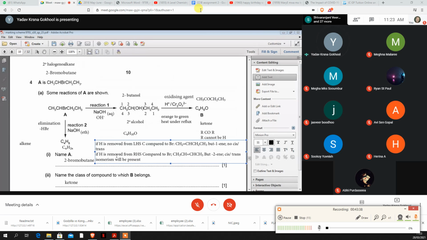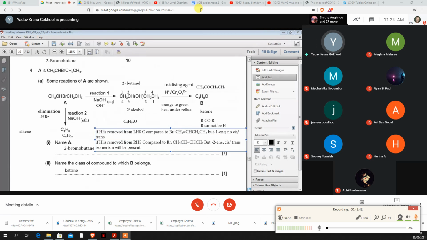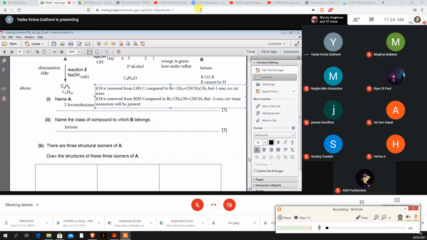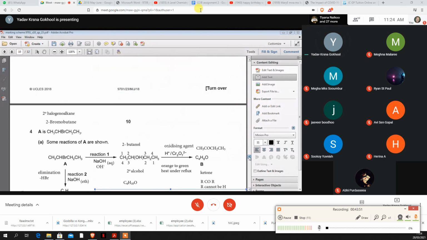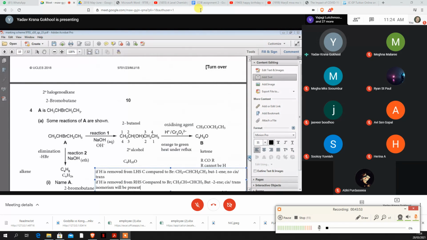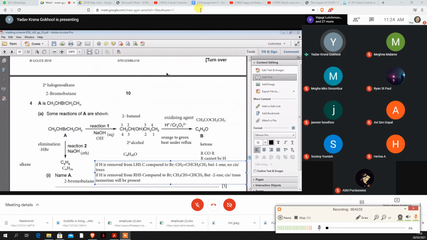So here we will have the cis trans isomerism. So I hope that the ketone, everything has been written over here. Three structural isomers of A.